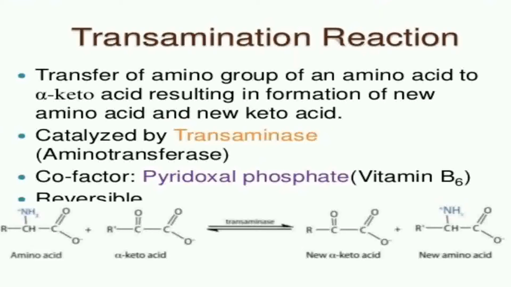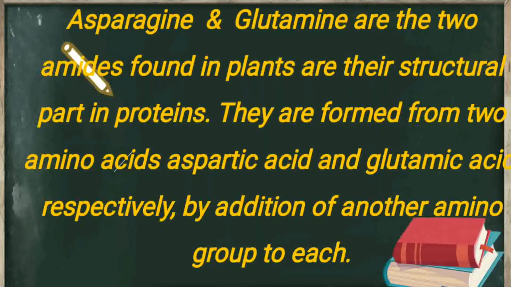Now I will explain my point with the help of this example: the two most important amides, asparagine and glutamine, found in the plants, which form the structural part of the protein, are formed from two amino acids, namely aspartic acid and glutamic acid respectively, by the addition of another amino group to each. The hydroxyl part of the acid is replaced by another NH2 radical.